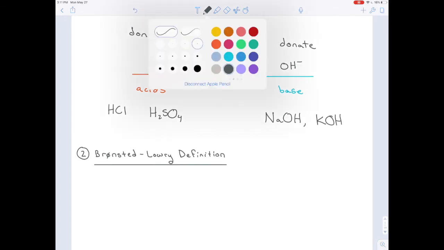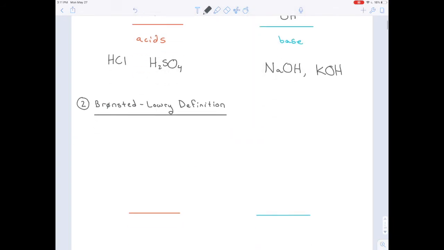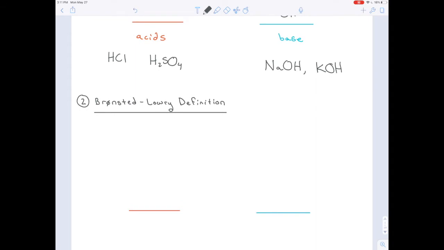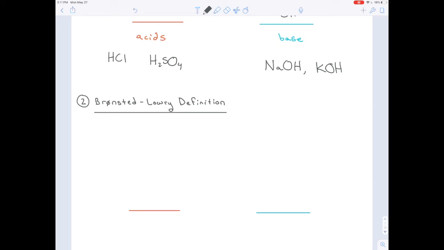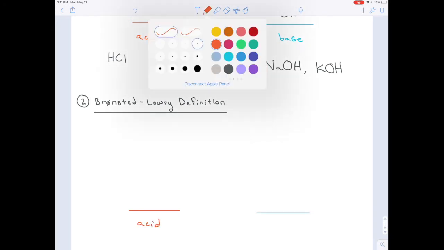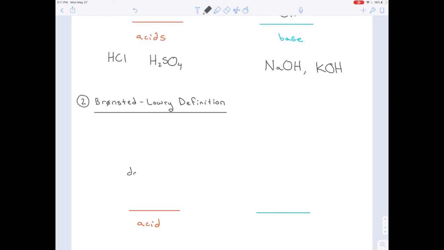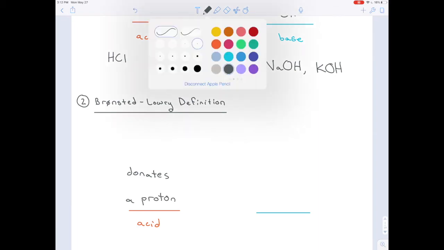They wanted to define acids and bases in terms of things that most molecules have. And so what they chose was a proton. So an acid, in the Bronsted-Lowry definition, is a molecule that donates a proton. And we'll unpack that a little more in a second.